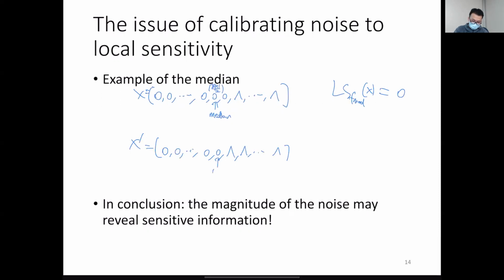Now this is the median. First observe that f of x equals 0 and f of x prime is also equal to 0, so they are exactly the same. But what is the local sensitivity for x prime?